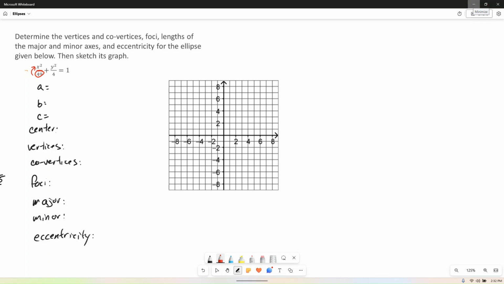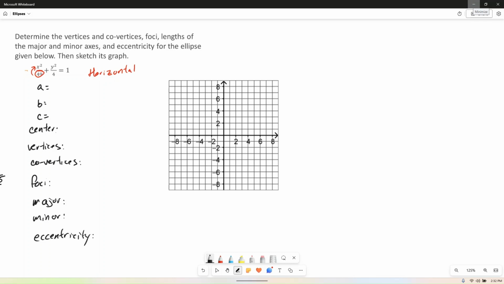So this is a horizontally oriented ellipse. Everything is stretched in the x direction, so the major axis is horizontal and the minor axis is vertical. That means the vertices, the foci, and the center are all along a horizontal line, which is different than the example we just looked at.